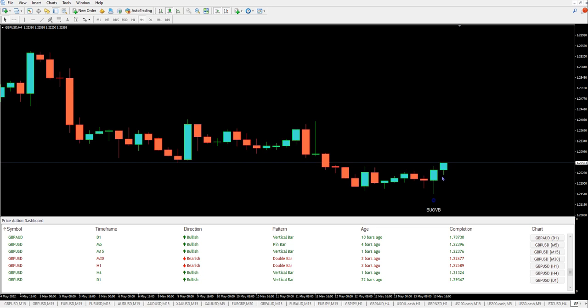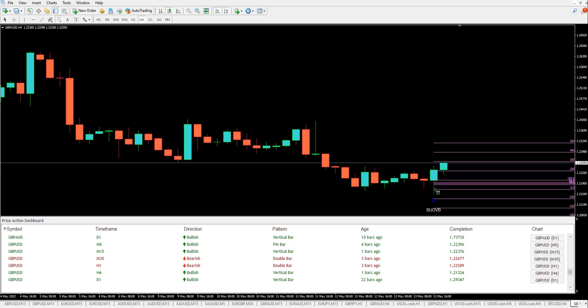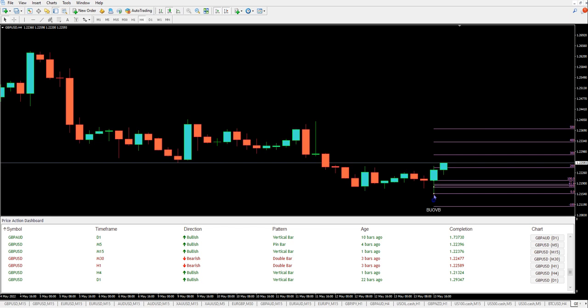Now, how I like to use these is, again, you've kind of got a combination of the pin bar and the other double bars. So this is where it's good to go into lower time frames, but you've got a wick that's taking out liquidity. So I would want to monitor that.